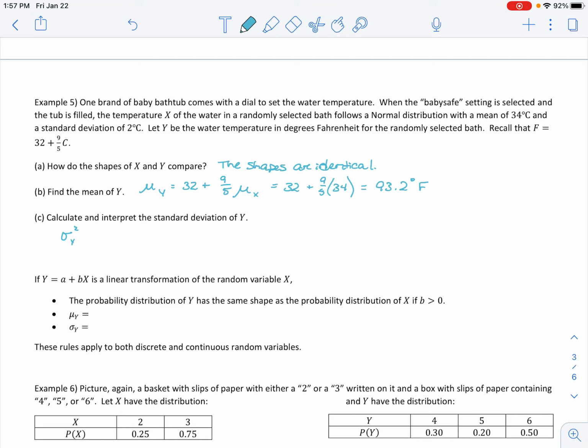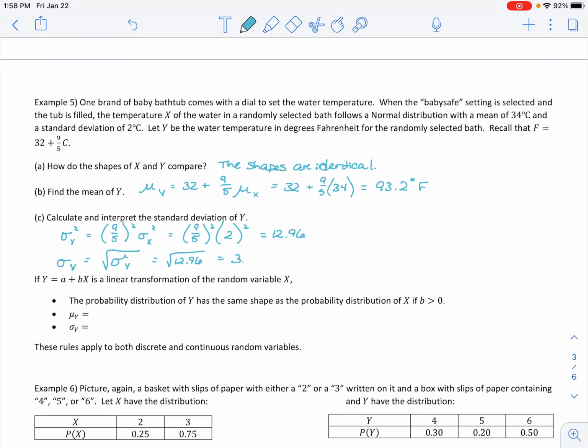The variance of random variable Y will be that constant squared times the variance of random variable X. So 9/5 squared will be multiplied by my variance, which would be 4. That's 12.96. So the standard deviation of Y is just the square root of this result. Remember, it's the square root of my variance that I just found. Square root of 12.96.